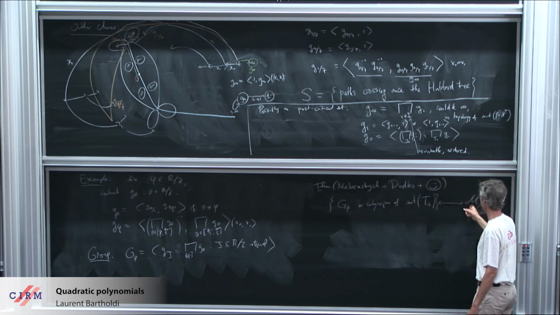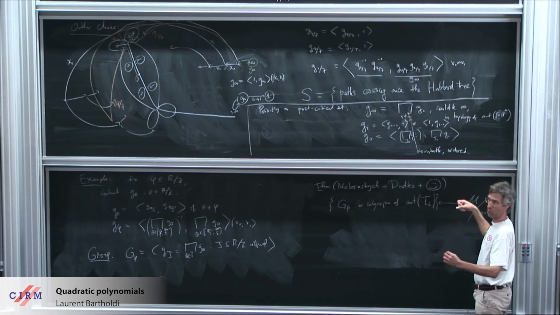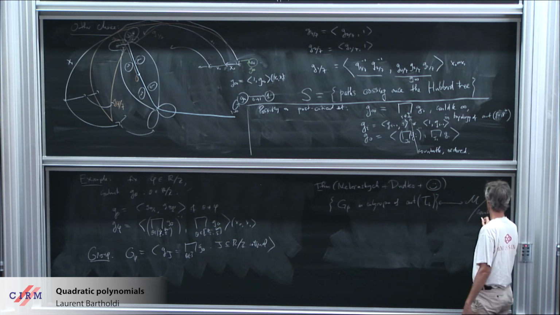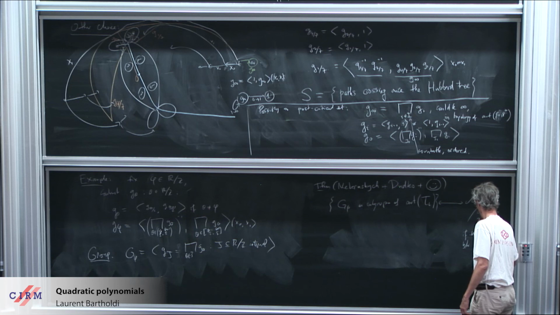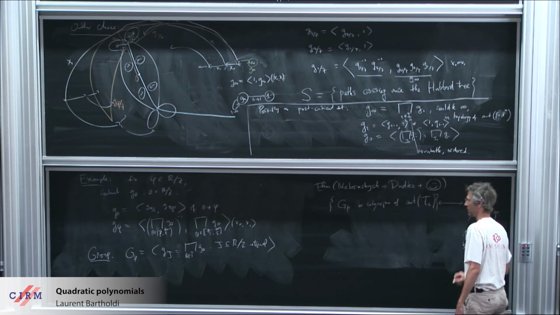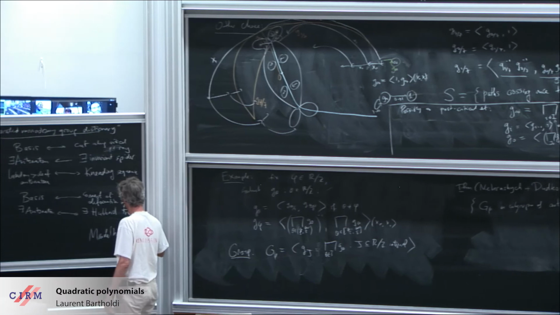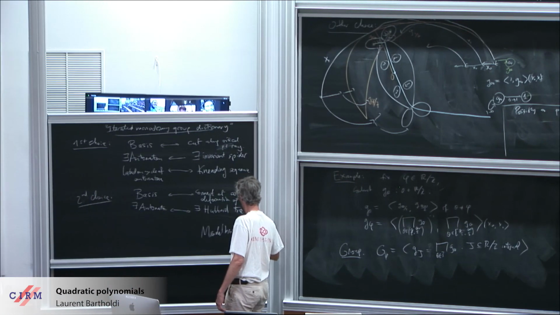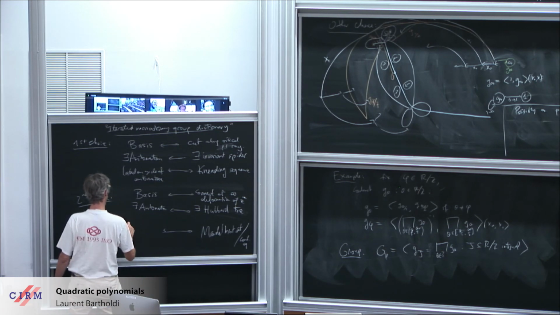So here I identify 2 points in the Mandelbrot set if they have the same hyperbolic components between z squared and themselves. So the Mandelbrot set up to combinatorial equivalence corresponds here to a family of groups.